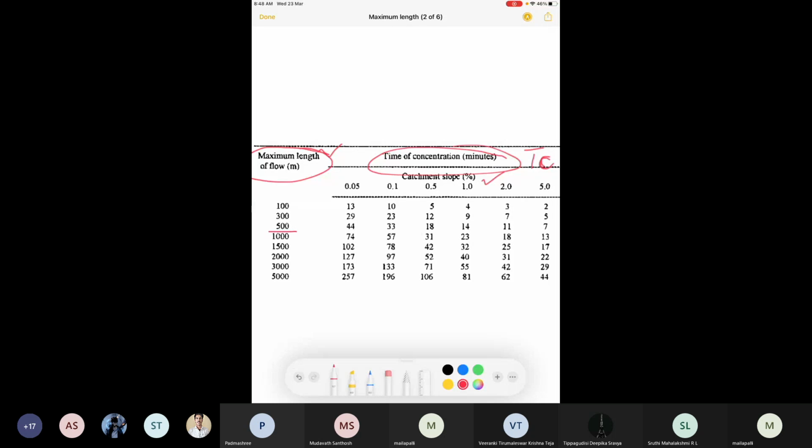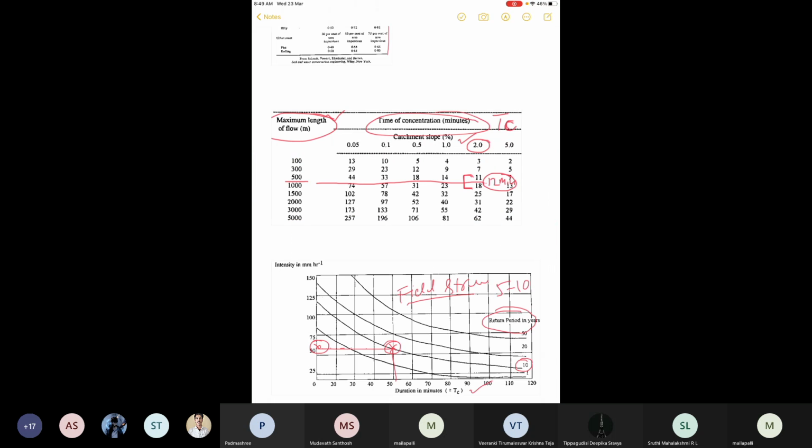And the 2% grade is this one. If you do some interpolation, between 11 and 18, you get around 12 minutes from the table, or you can directly estimate from the formula.